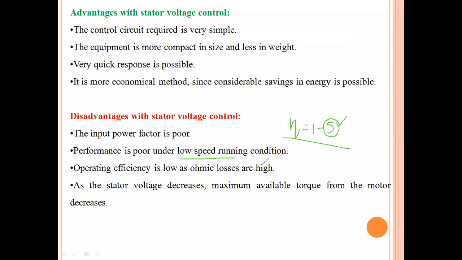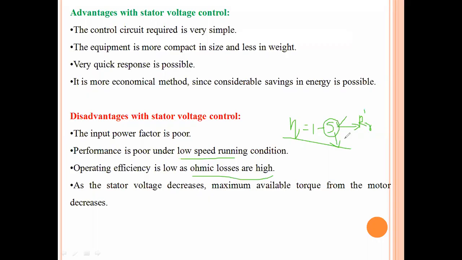And under the same condition, the ohmic losses are also high. Operating efficiency is low as ohmic losses are high. Just now we have seen the efficiency is low because of the low speed. If efficiency is low, the losses are high, and the slip is the reason. This slip is directly proportional to the rotor resistance, R R dash.